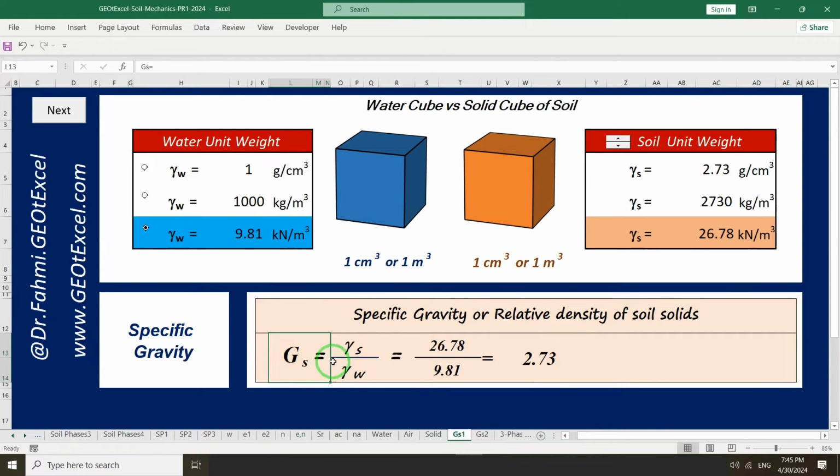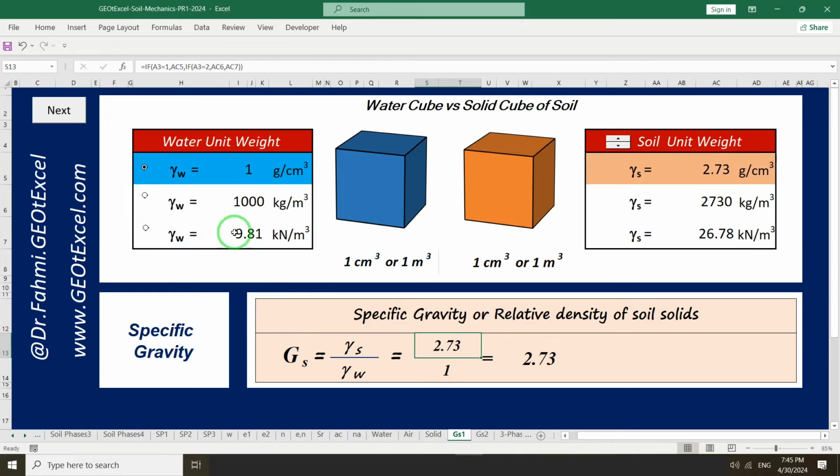Gs is equal to gamma S over gamma W, equal to 2.73 over 1.